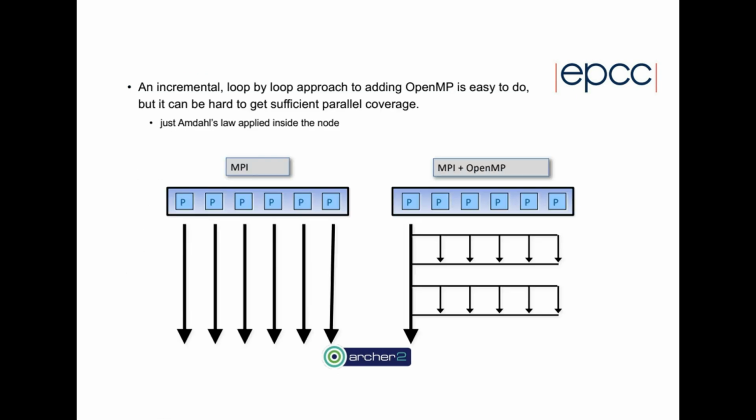Okay, so what other things can go wrong? Well, as I said before, it's relatively easy to take a straightforward loop-by-loop approach to adding OpenMP, but it can be hard to get sufficient parallel coverage. So that's really just an expression of Amdahl's law inside a node. Whereas with MPI, you're running MPI processes on every core, and you've written your MPI code sensibly, then your MPI processes are busy all the time, and so your cores are busy all the time.